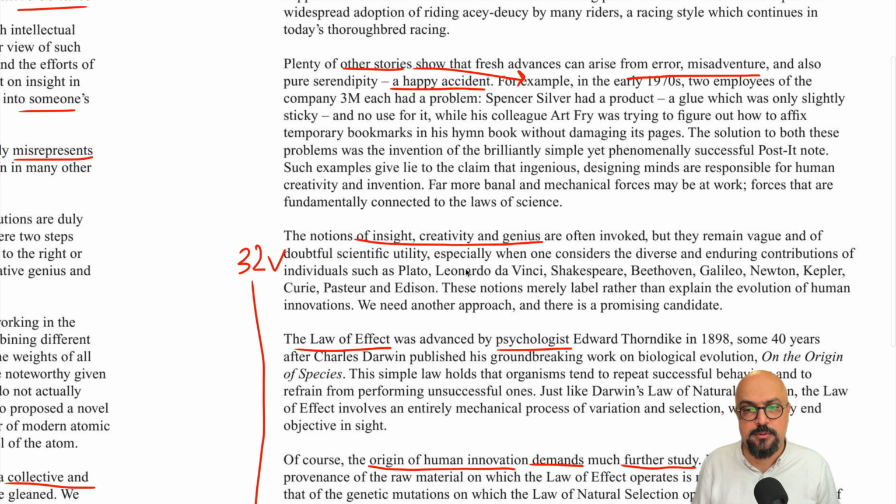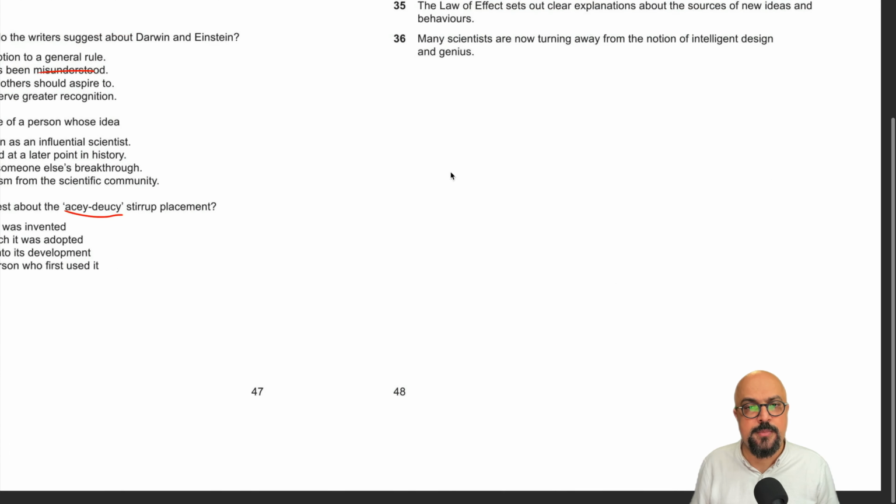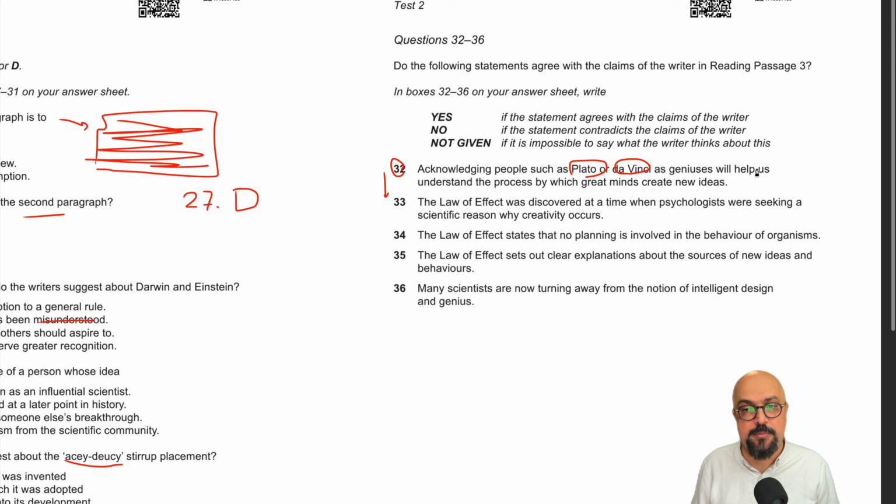Especially when one considers the diverse and enduring contributions of individuals such as these, these notions merely label rather than explain the evolution of human innovations. We need another approach, and there is a promising candidate. So we need another approach. So this is not a good approach. What was the question again? Acknowledging them will help us. No, no. So the answer is no. So on the answer sheet, we're going to write no in front of 32.